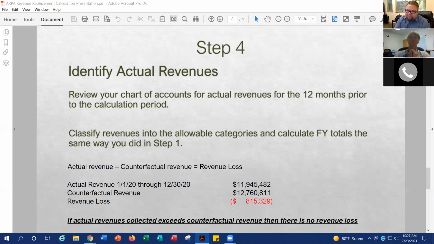Say you were getting, just round numbers, $20,000 in ARPA funding and you could show $10,000 in loss, you would still have that other $10,000 that has to be spent within the guidance and wouldn't be allowable for some of those broader uses in general government operations.